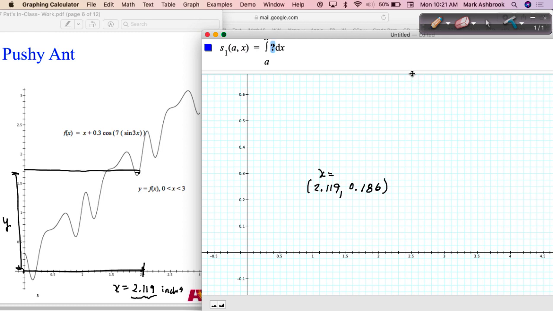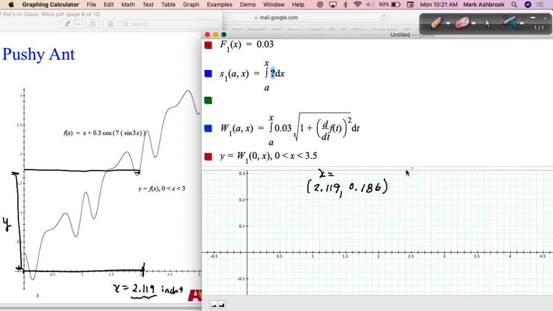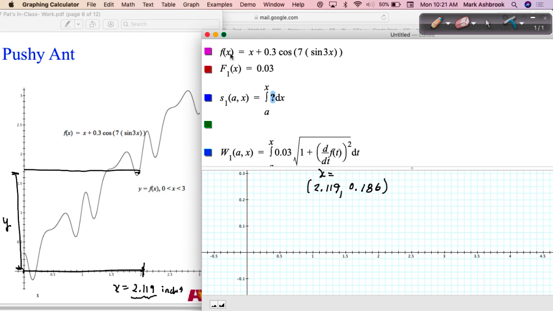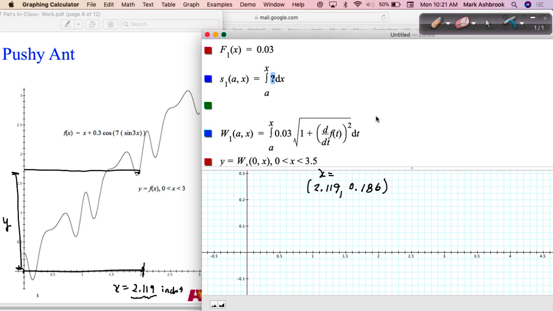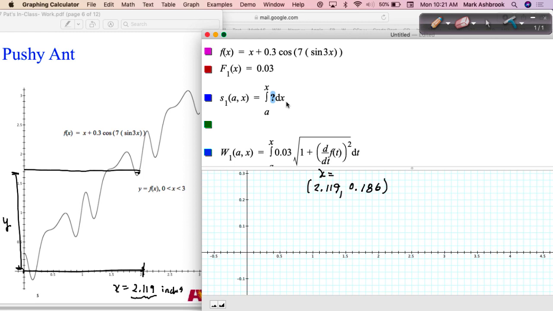Let's take a look. See, we never did that. We went right from the path and the force to the work function. We never found an arc length function. I mean, it was kind of in there. But if I want a true arc length function, then what do I put in here?